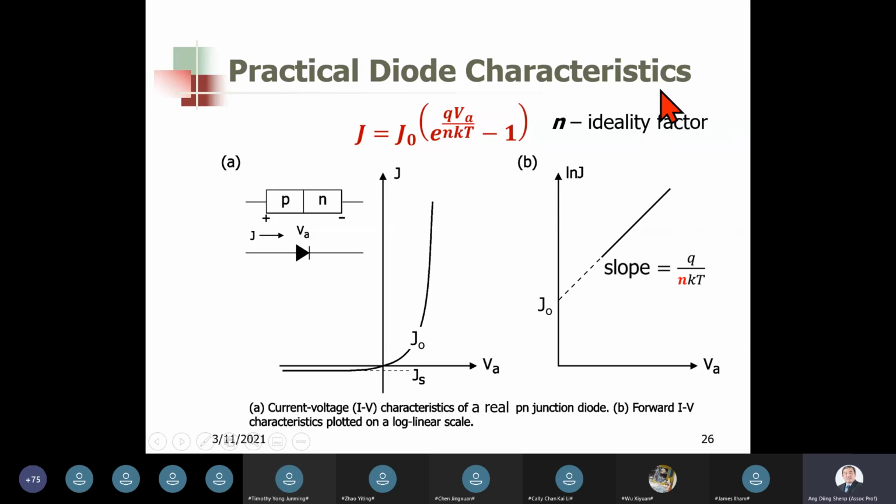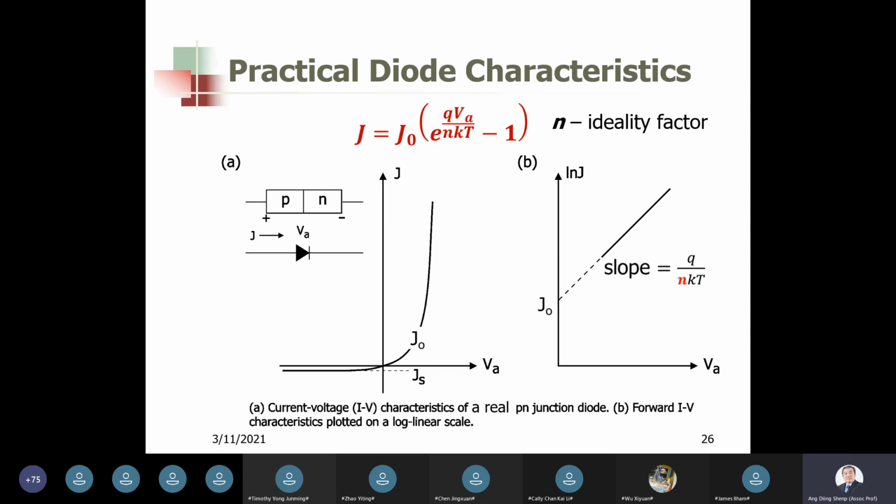The ideality factor can be determined in the same way as I mentioned earlier, by plotting natural log J versus V_A. The slope of this straight line will allow you to determine n, the ideality factor. So this is what people normally do after a diode is fabricated. They measure the IV curve and then try to determine the ideality factor.